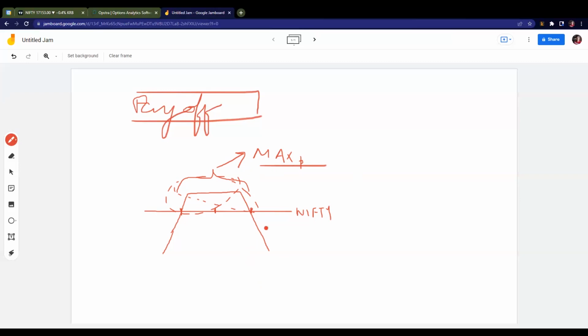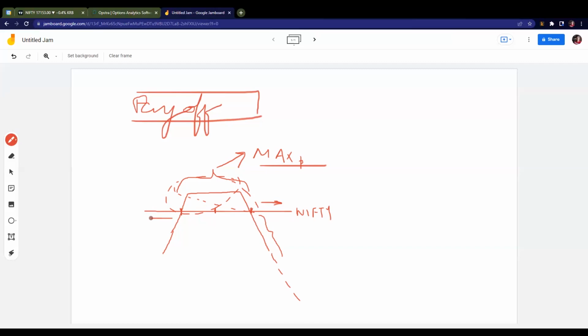Now I want you to look at this part of the chart. Do you see this is unending? It just goes on. That means that after the market reaches or breaks this level, what is also called a break-even level, your loss is just going to increase as the market moves towards that extreme.